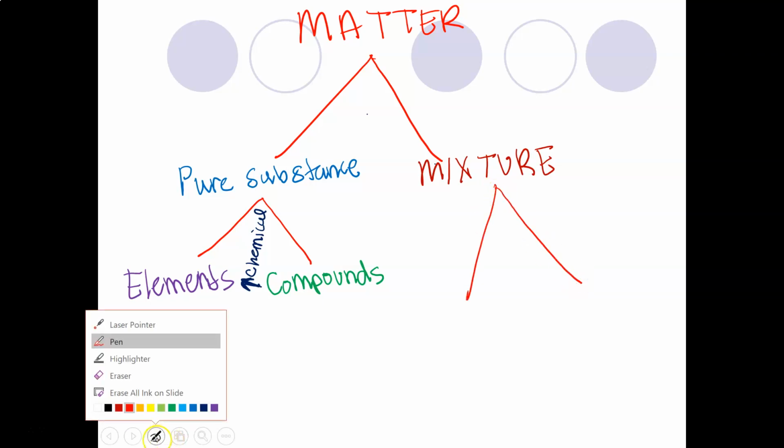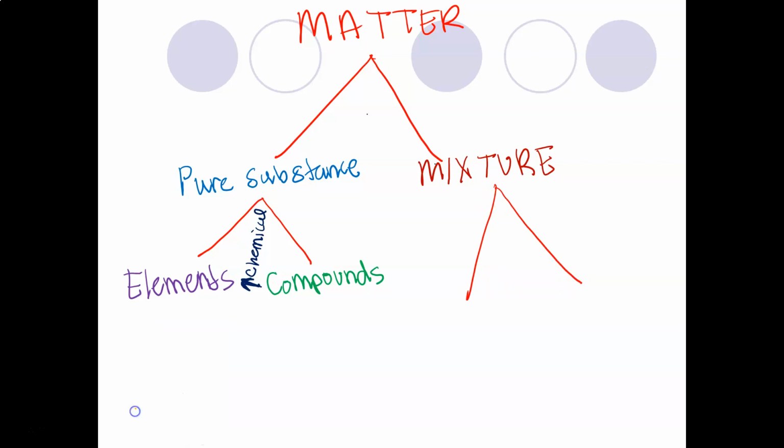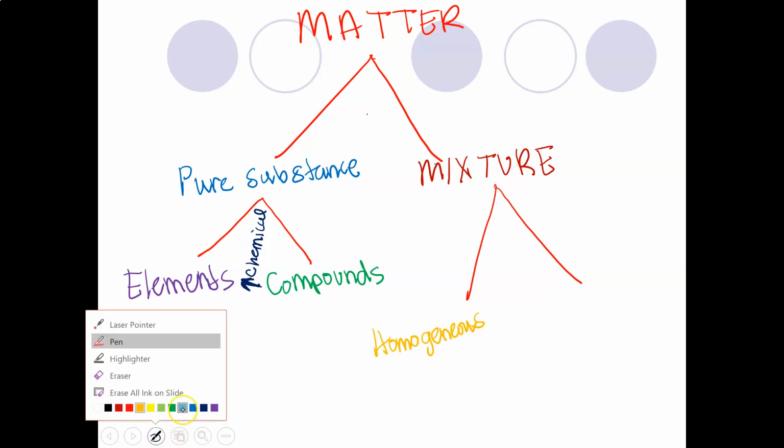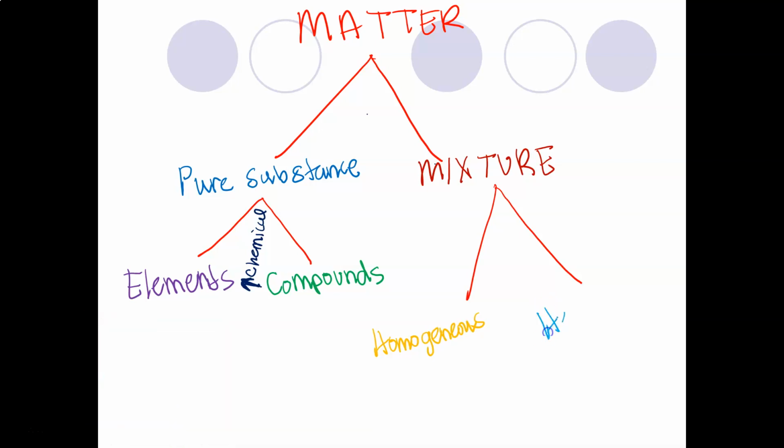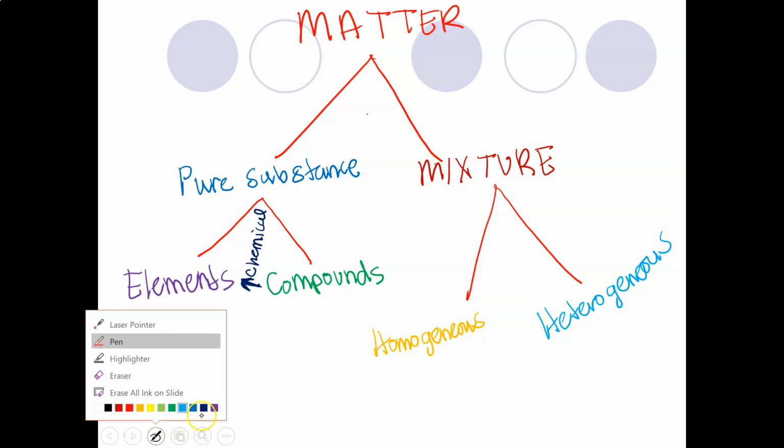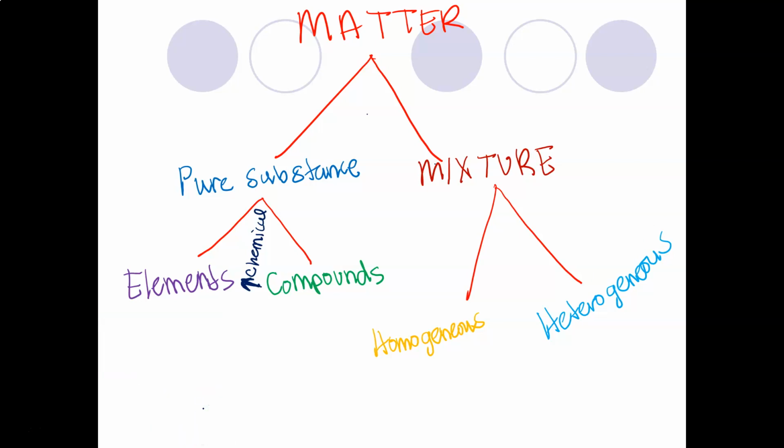We can then further break it down into two categories. It's either going to be a homogeneous mixture, evenly mixed, or it's going to be a heterogeneous mixture. Okay. So if I have a mixture, let's say I want to separate it into its pure substances.